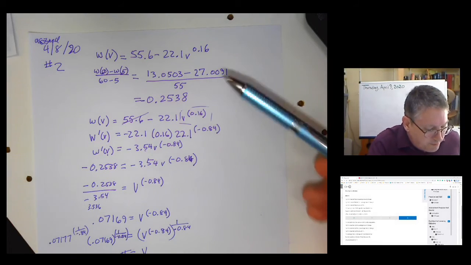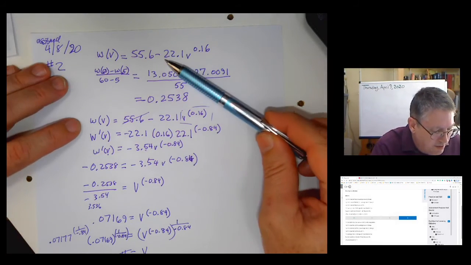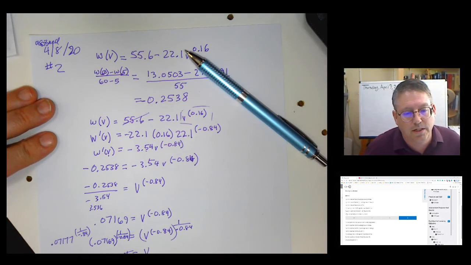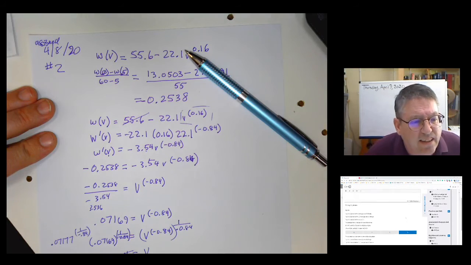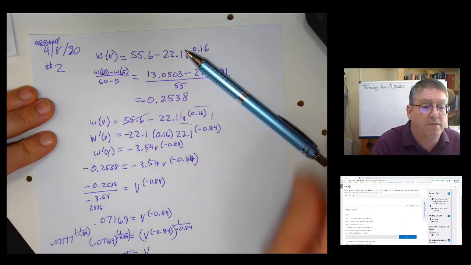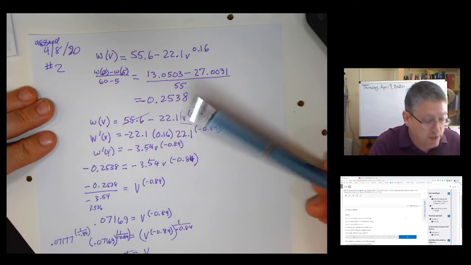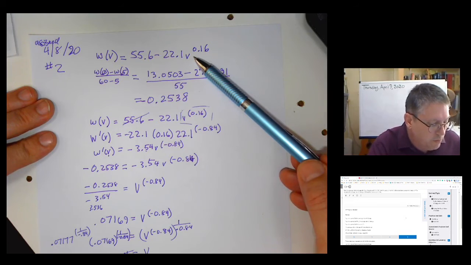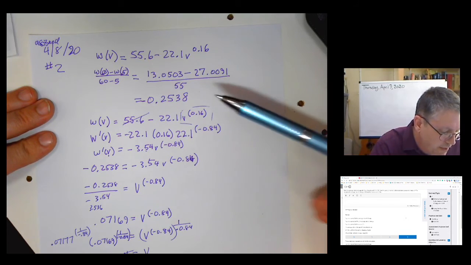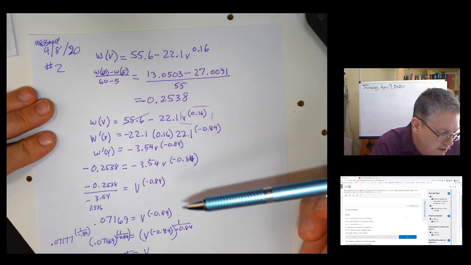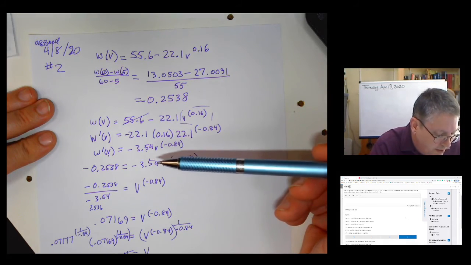All right, so here's the two things they want. First, what was the question again? They want the average rate of change from 5 to 60, right, of the wind speed. So there is our equation for the wind chill, as a function of the wind speed.